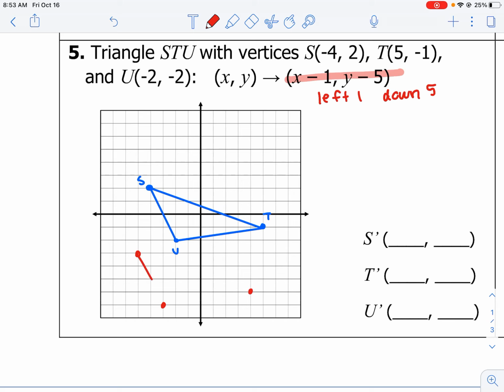Once we have that, just connect your dots. Ooh, that's an ugly line right there. Then we have S prime, U prime, and T prime. And the last thing that we want to do is just label our ordered pairs.